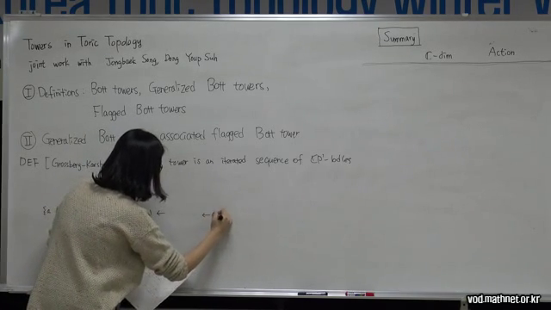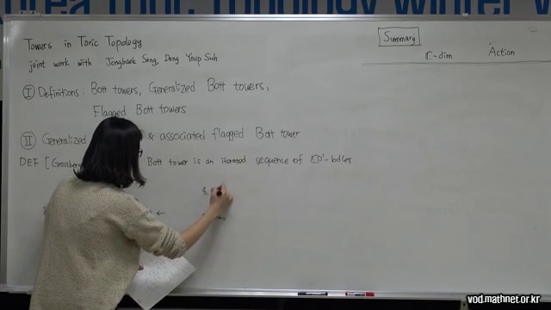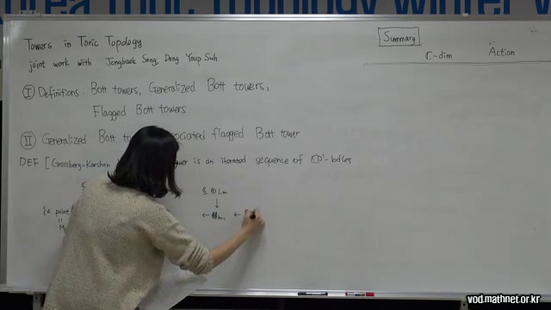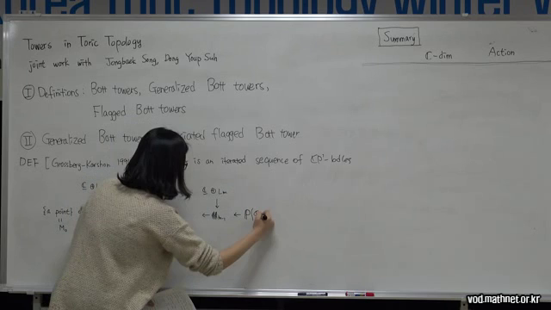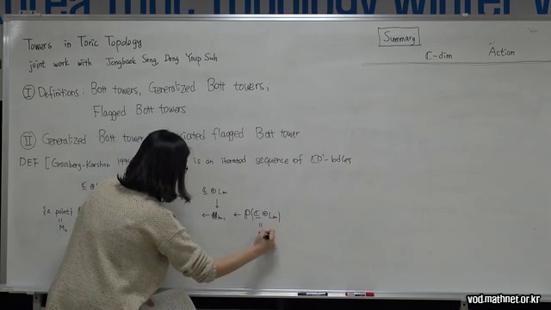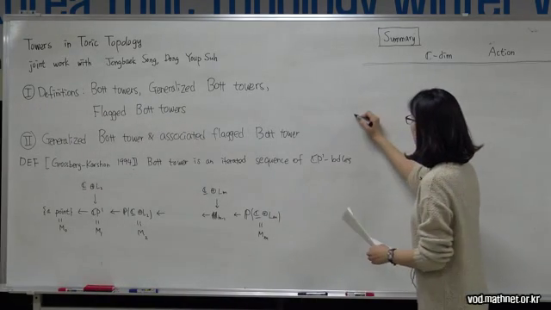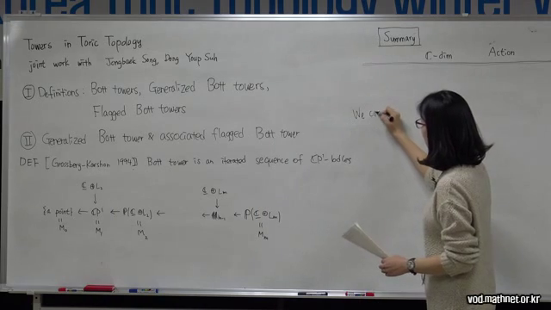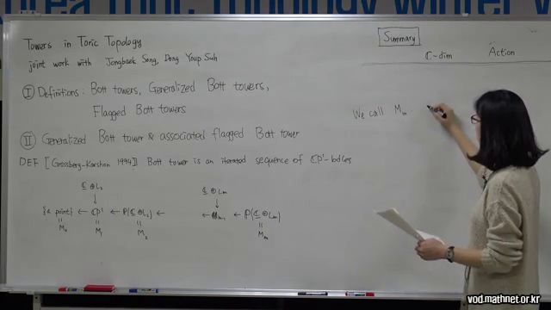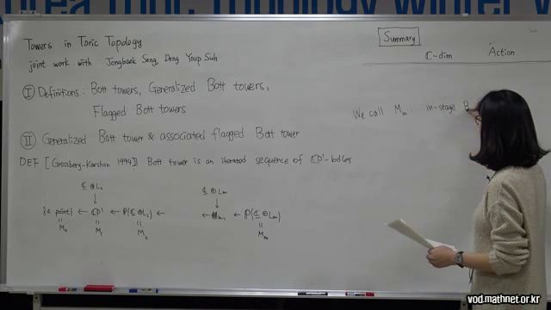Here I have M minus 1, and you take the trivial line bundle and some complex line bundle on there, and then consider the induced projective bundle Mm. We call those Mm an m-stage Bott manifold.